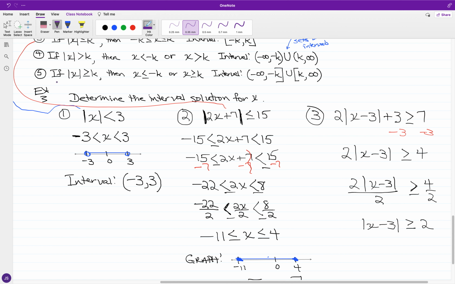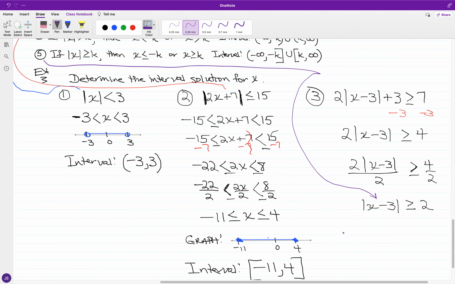This will be like the last of these situations, once we get down to this particular stage. If the absolute value of the expression is greater than or equal to k, which in this case is 2, what's going to happen to the x minus 3 once it's removed from the absolute value signs?